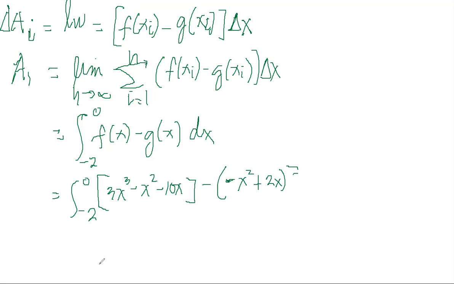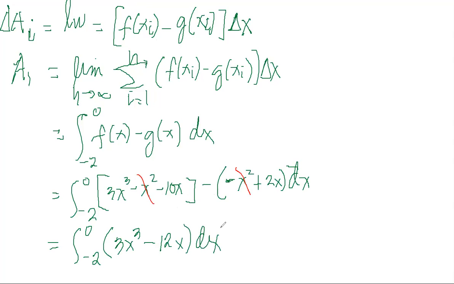Okay, so let's simplify. We have 3x cubed, and we can cancel the x squared. Then we have -10x minus 2x, so that's -12x dx.